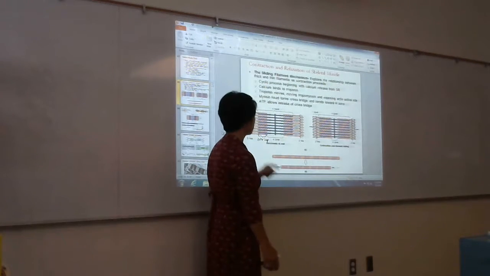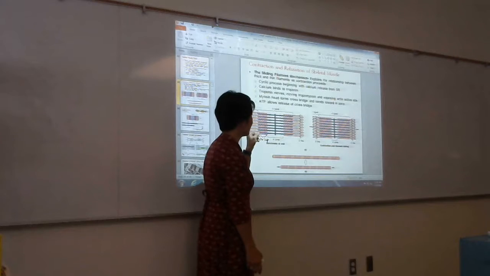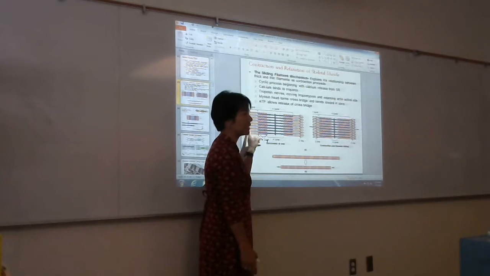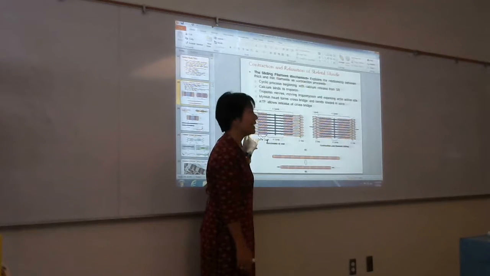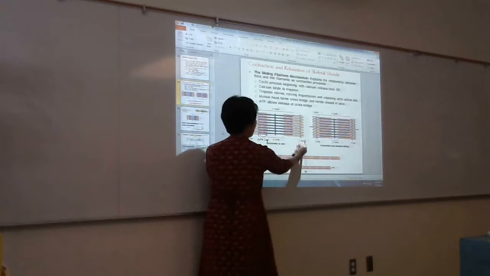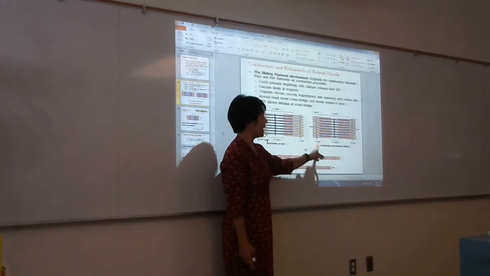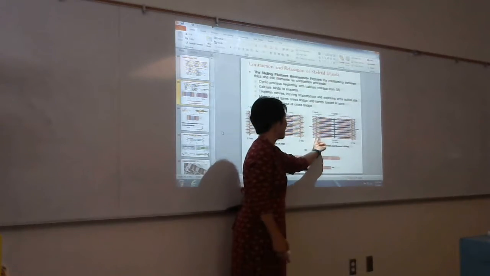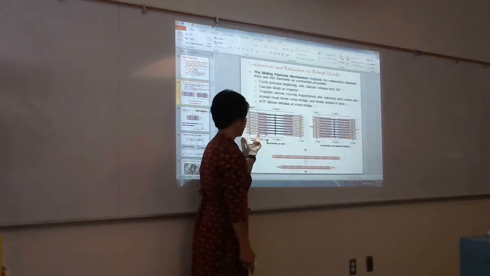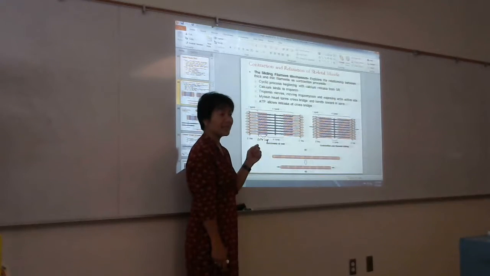What will change is the I band. What do you think? Increase, decrease, or no change for the I? Decrease, right? Look at, when you pull this, look at the I band. The light area is shortened. How come? What is I?